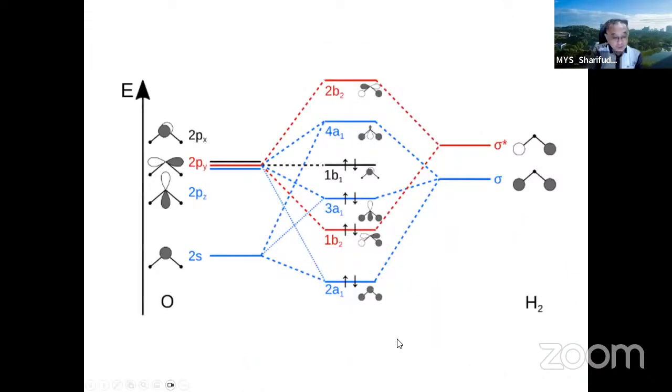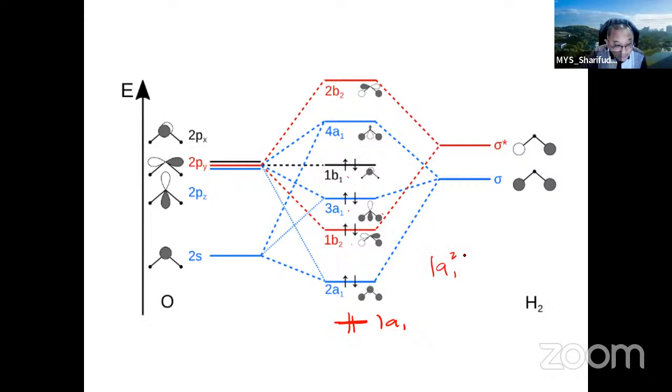Of course there is one down here, which is the 1A1. There are 2 electrons there, but it's not shown here. So you have 2A1, 1B2, 3A1, 1B1. So this is the electronic configuration of the water molecule.